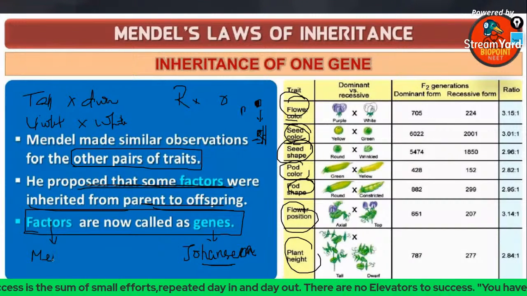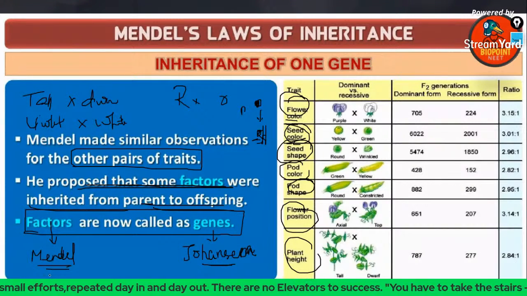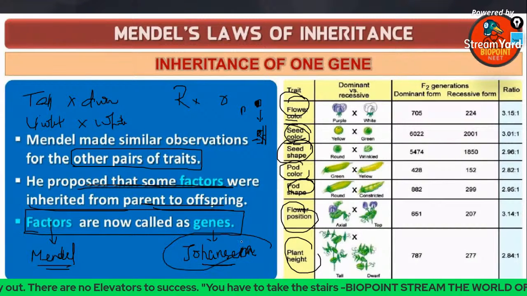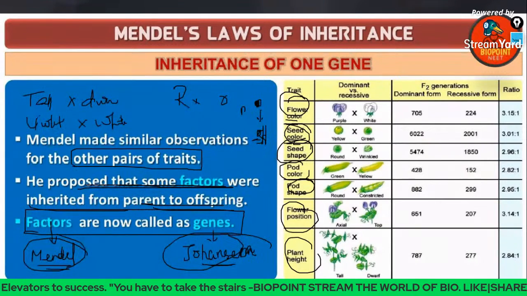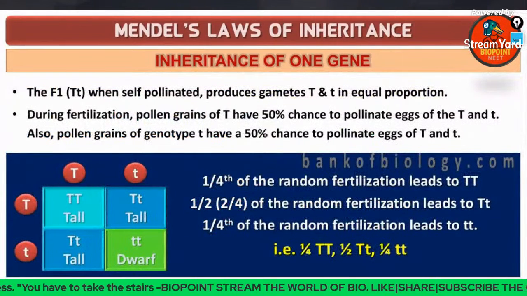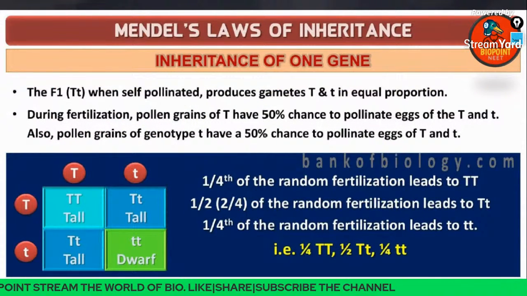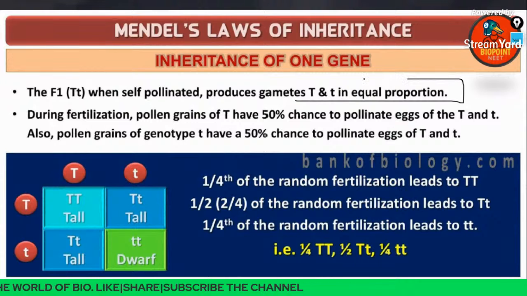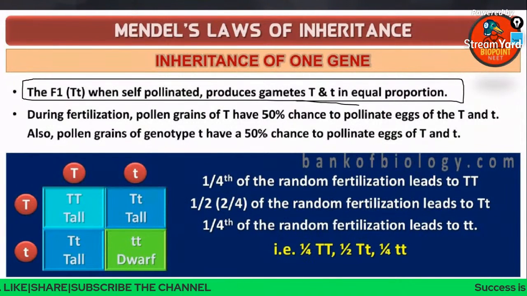So Mendel called genes factors, and the factors were called genes by the biologist Johannsen. So the F1, when self-pollinated, produces gametes T and t in equal proportion.